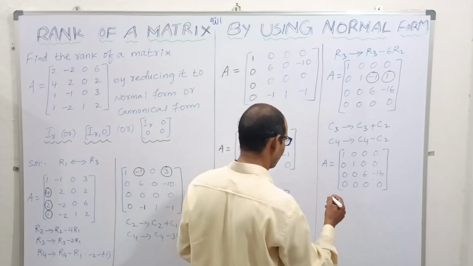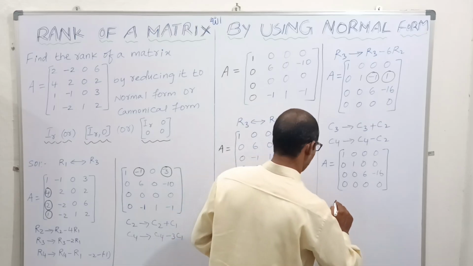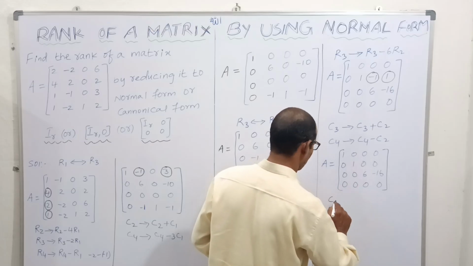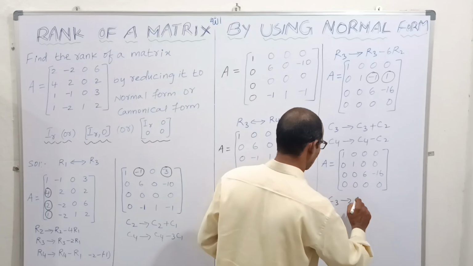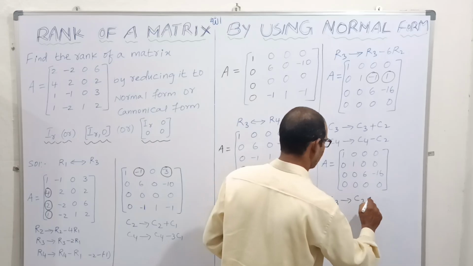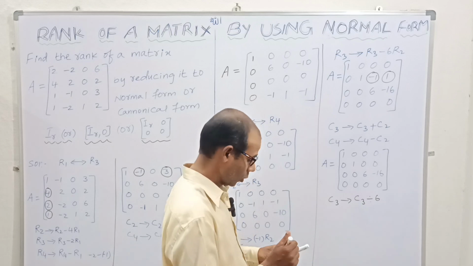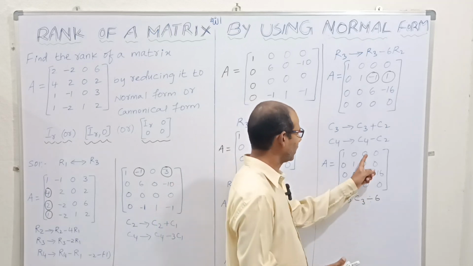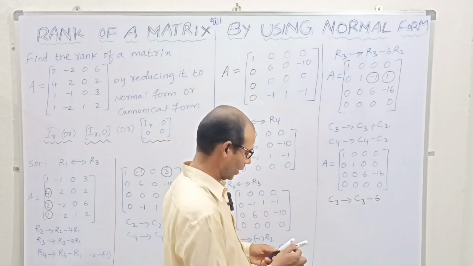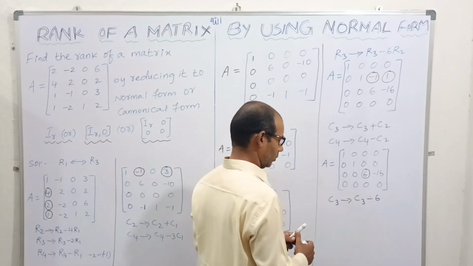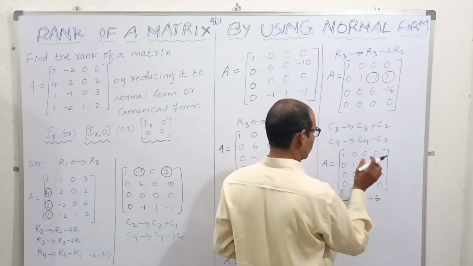So C3 is changed as C3 divided by 6. So I am going to divide column 3 by 6 so that I can make it as 1, right? I want to make this as 1, okay? Now I want to make this element as 0 using this one.